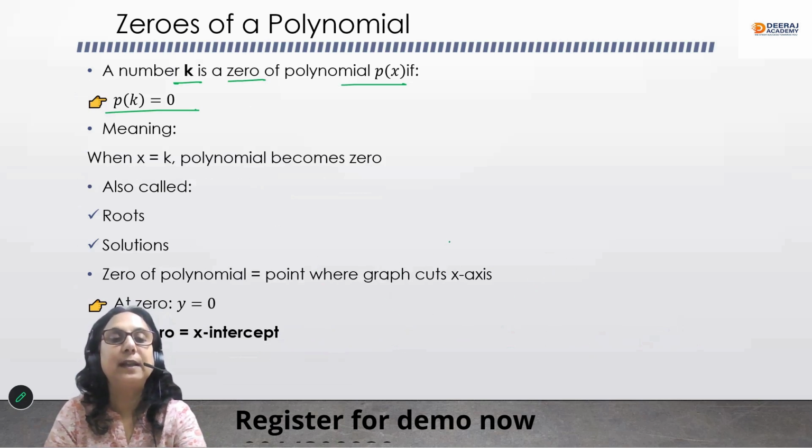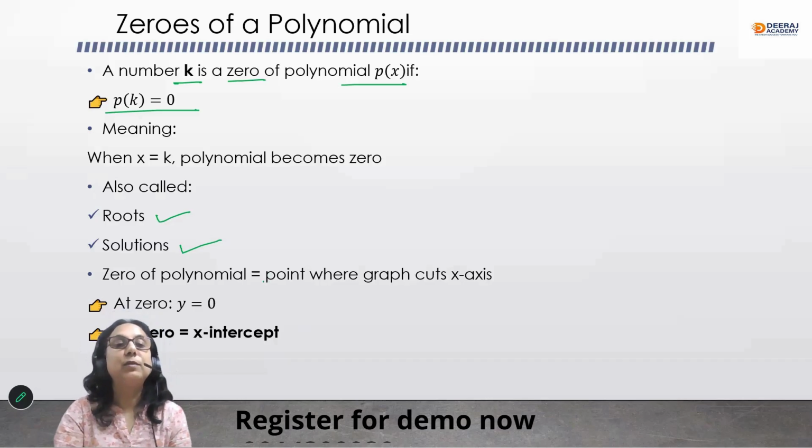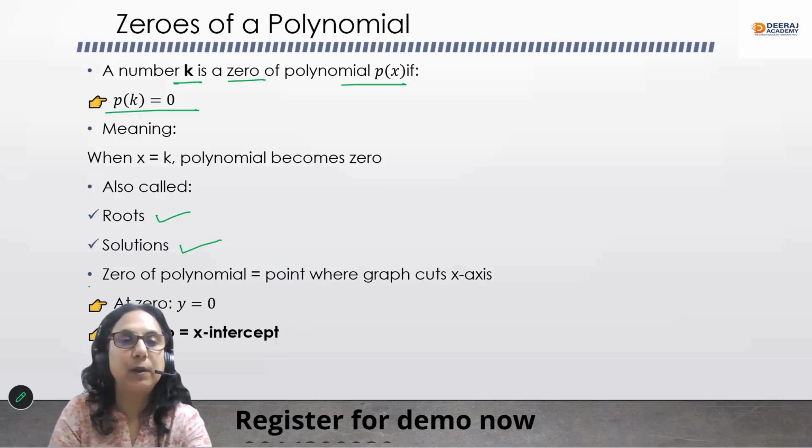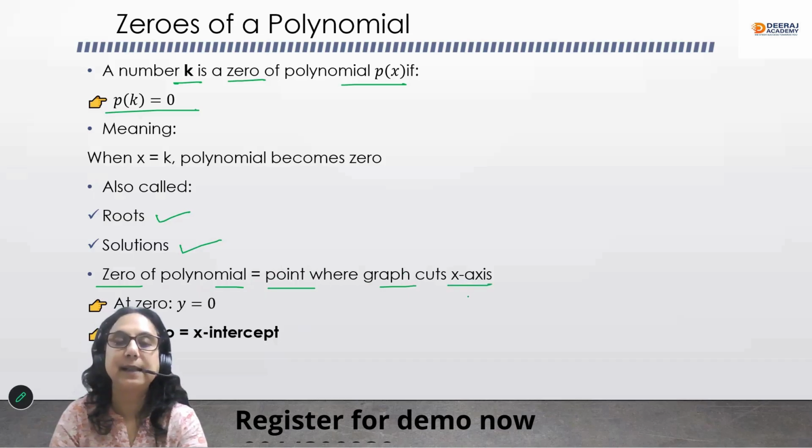Zeros can also be called by other names, like roots or solutions of the equation. When we find the zeros of a polynomial graphically, the zeros are the points where the graph cuts the x-axis.